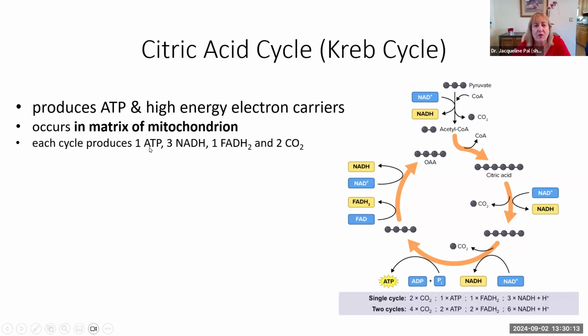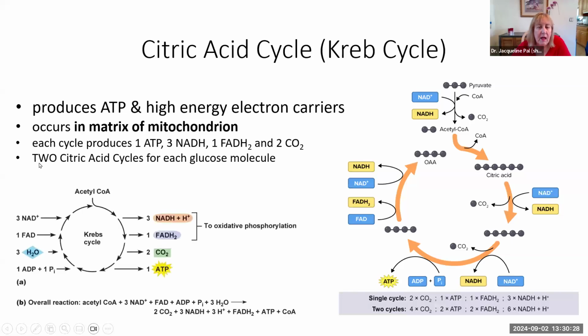So each cycle produces 1 ATP, 3 NADHs, 1 FADH2, and 2 carbon dioxides. But remember, we got 2 pyruvates from each glucose molecule, so there are 2 citric acid cycles for each glucose molecule.